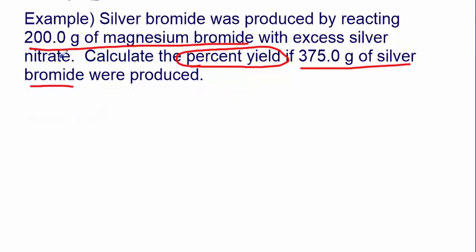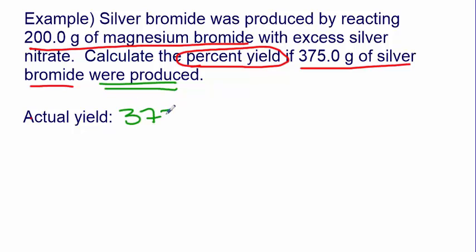Alright, what do we need to do here? We do need to know our actual yield. Alright, so which one of these numbers is what we're producing? So it says if 375 grams of silver bromide were produced. So my actual yield here is 375 grams of silver bromide. So I have 200 grams of magnesium bromide that is reacting with excess silver nitrate.